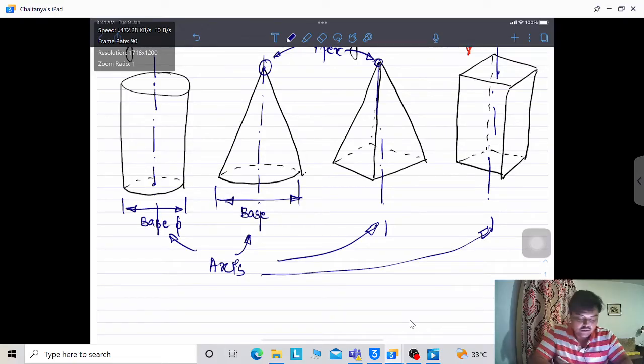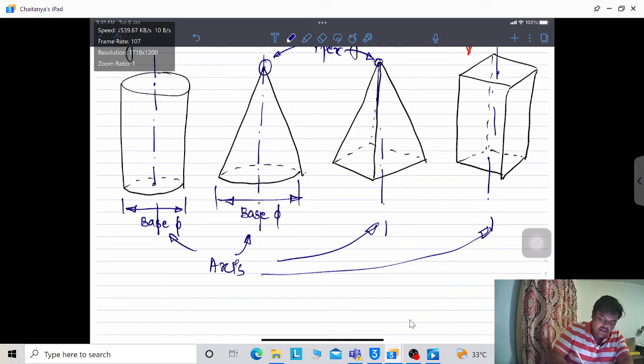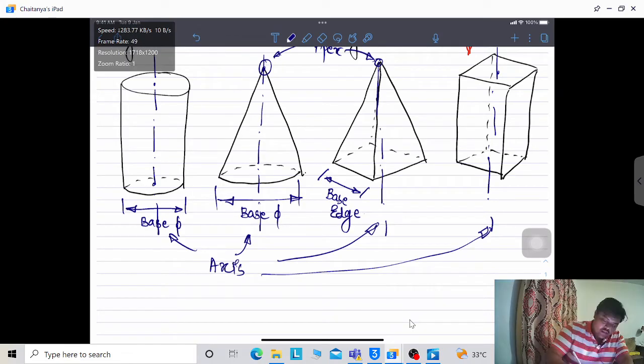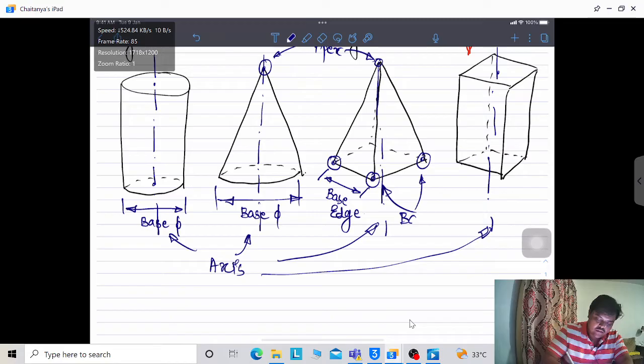In a square pyramid or square prism, you will have 4 base edges. In a pentagonal one, you will have 5. In a hexagonal one, you will have 6. This is the base corner. Base corners and base edges are observed in prisms and pyramids.